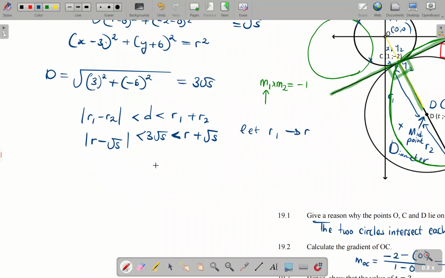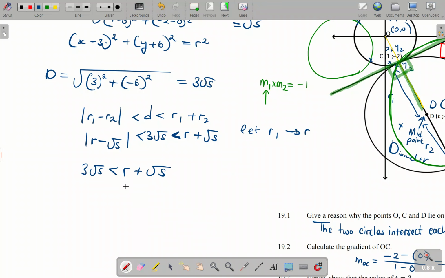So now this is what I have. Let's start with the right hand side. The right hand side is going to be this part. So we have the 3 square root of 5. This has to be less than R plus... Math is a lot, you see, guys, math is a lot.